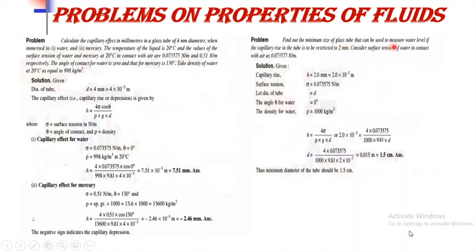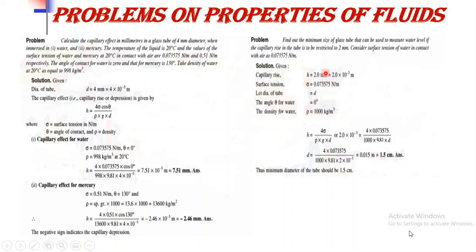So here the liquid is water, means there is a capillary rise, and that capillary rise is restricted to 2 mm, means the value of capillary rise is equal to 2 mm, and the value of surface tension is given, it is 0.073575 Newton per meter.